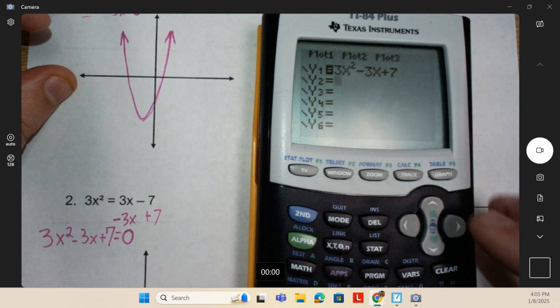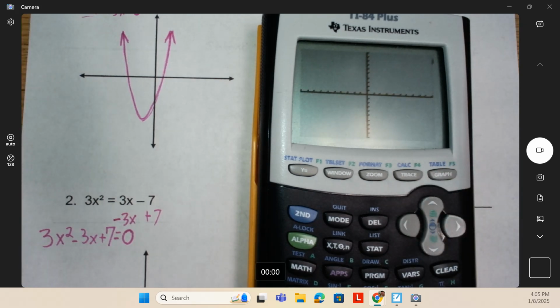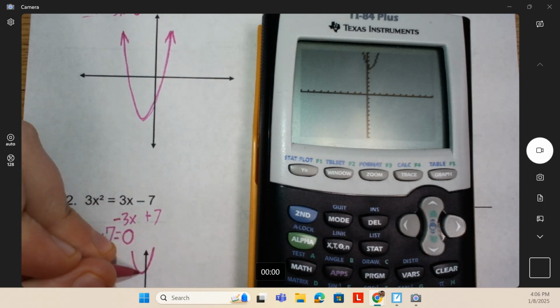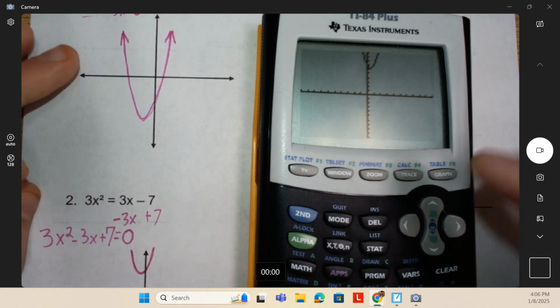So if I put that in there, 3x squared minus 3x plus 7, then when I do the graph, we can tell it's not going to cross. So again, we'll draw a quick representation of it. So for this, it gives me just 1. That's up there, a little ways away.